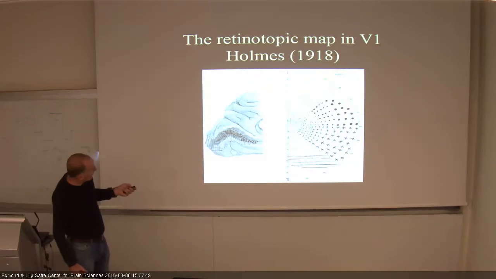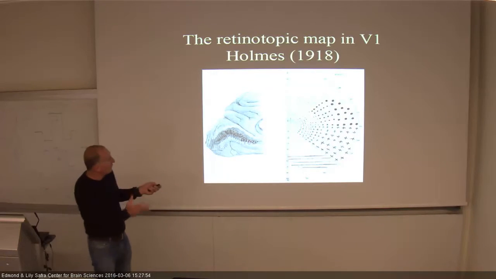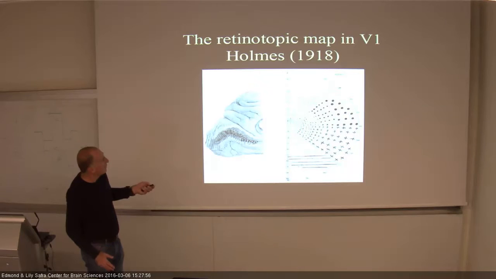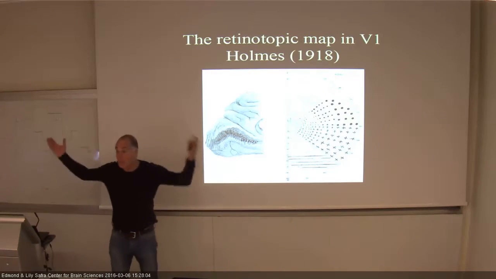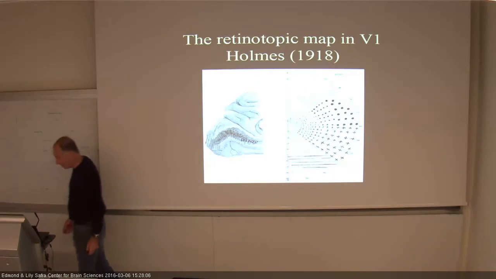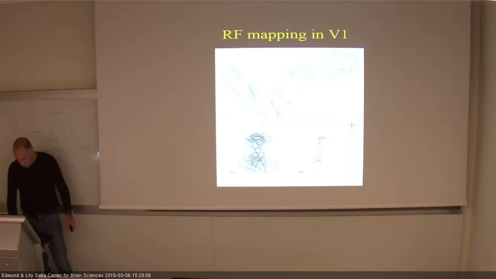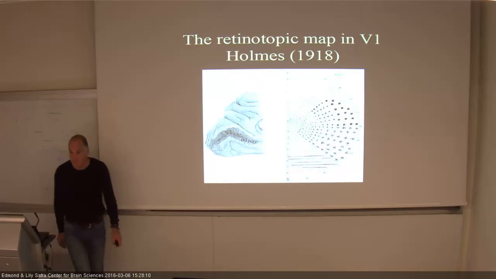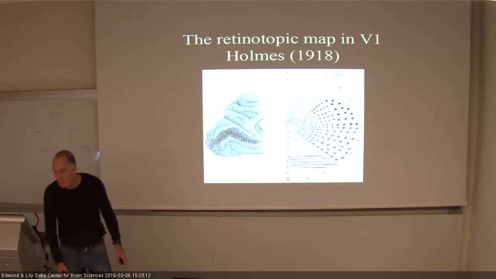So the most anterior part represents the periphery, and there's a smaller area that analyzes the periphery than the fovea, although the periphery is much bigger. So that's the basic principle here.